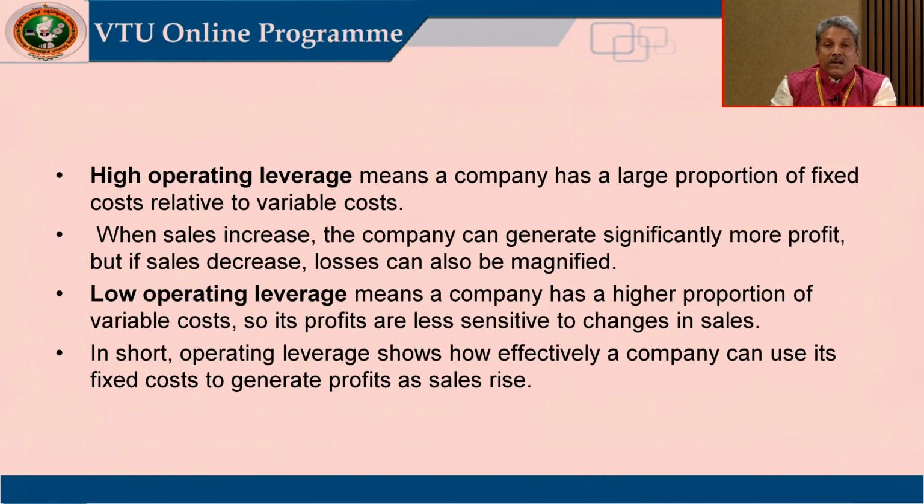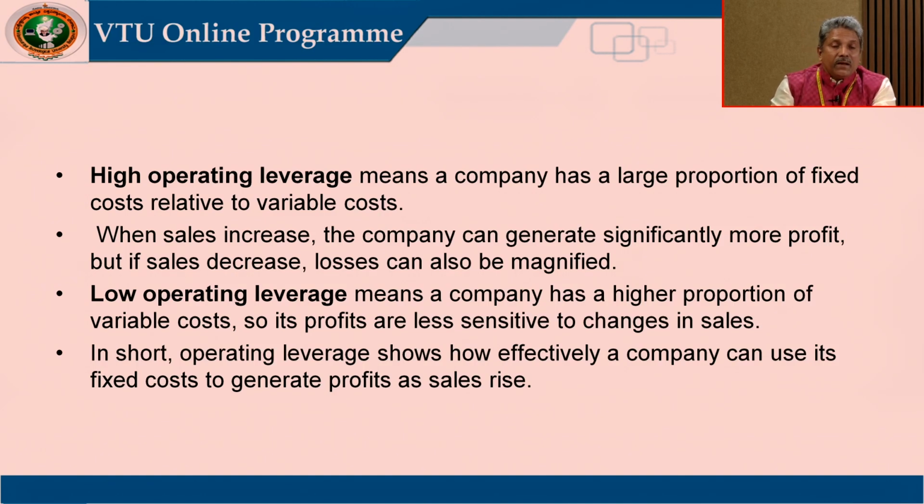High operating leverage means a company has a large proportion of fixed cost relative to variable cost. So, when sales increase, the company can generate significantly more profit, but if sales decrease, losses can also be magnified.